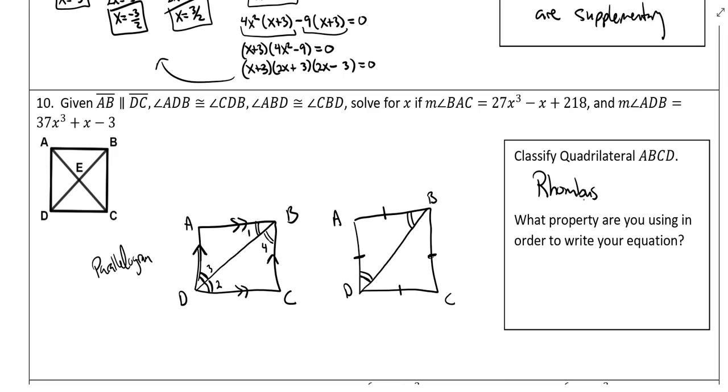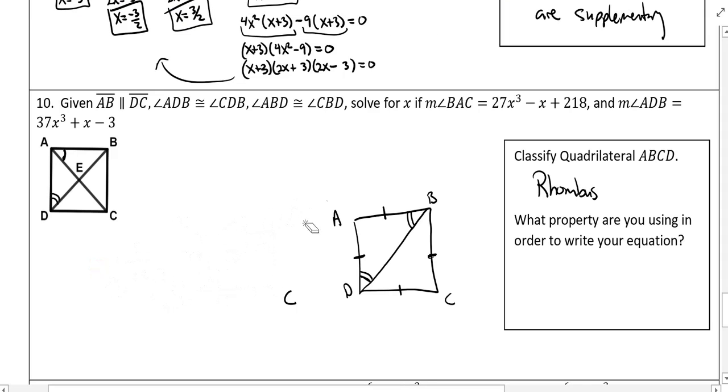Now our equations, BAC, okay, and ADB. For the sake of ease, I'm going to erase my scratch work. I'm going to number these angles. Call this angle 1, angle 2, angle 3, angle 4.